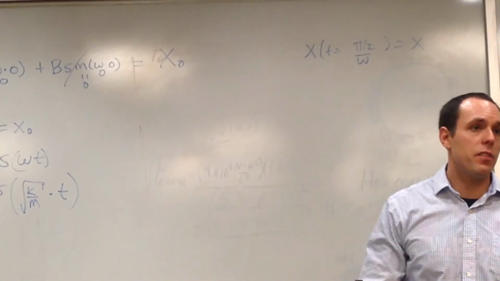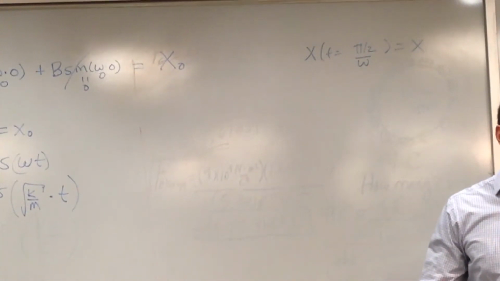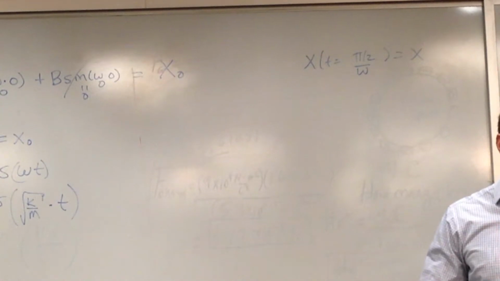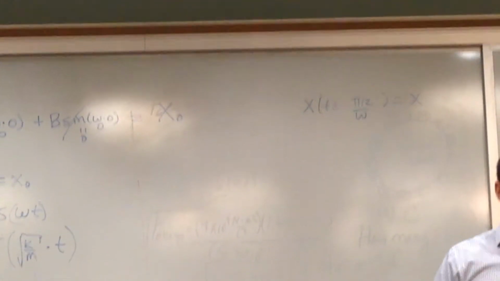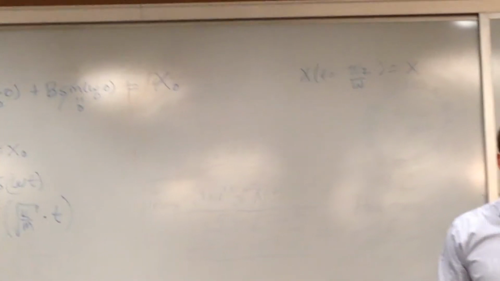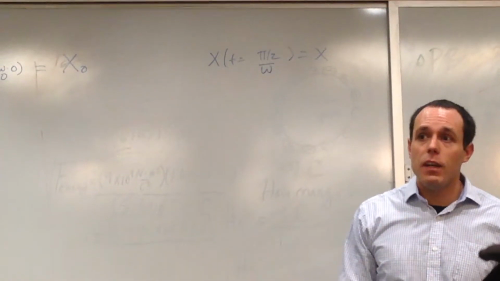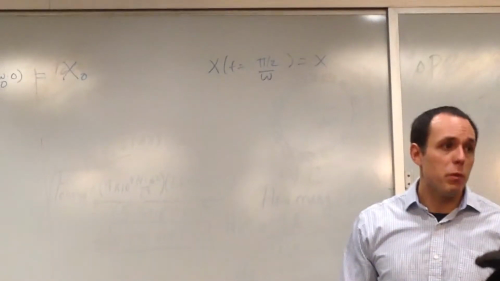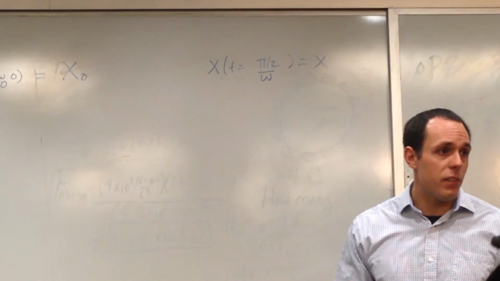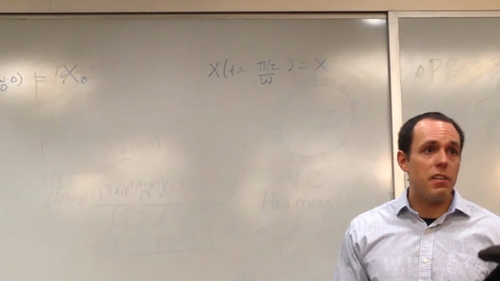So 90 degrees divided by omega, the angular frequency. And remember, omega is just the square root of k over m, so that's an actual number. So all I'm saying is that at this time, which I've just specifically defined like this, the position is x.